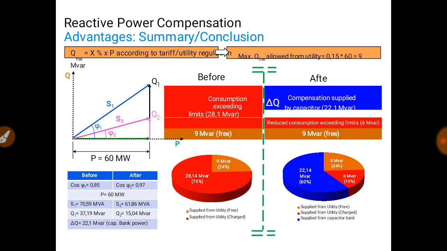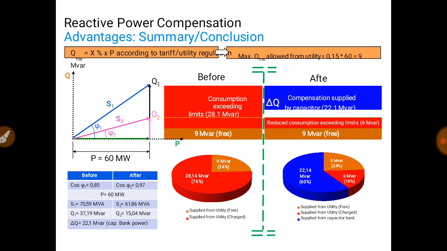It is free and the rest is chargeable, and we need to pay some money for using energy as reactive power. It is not workable but we pay for it because we do not compensate this energy.